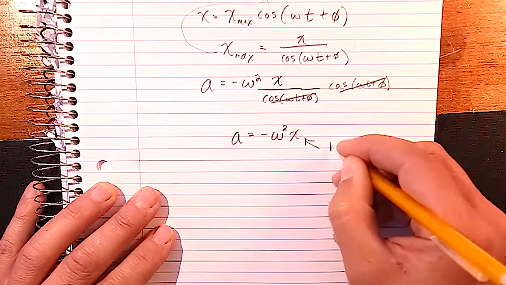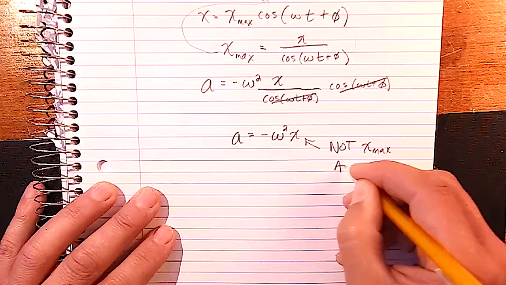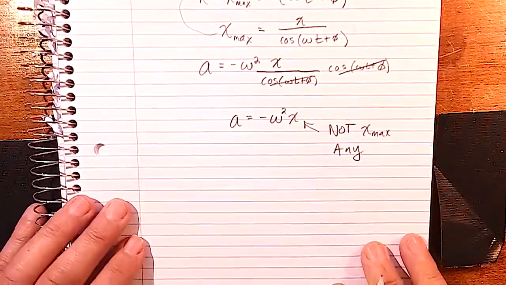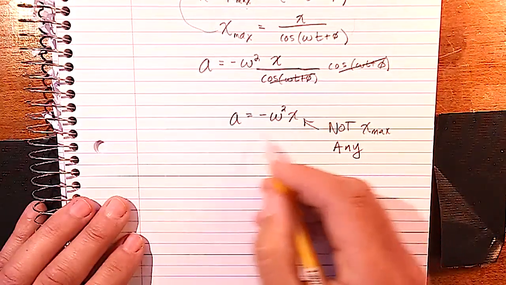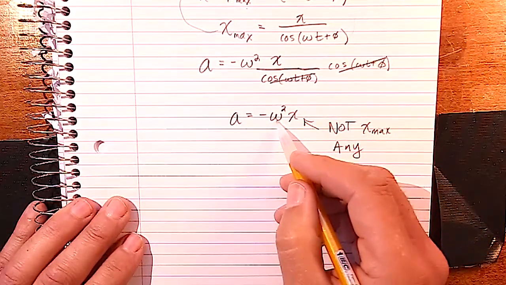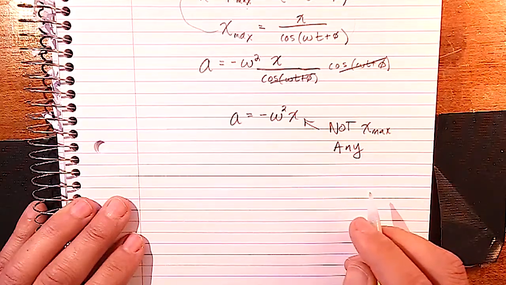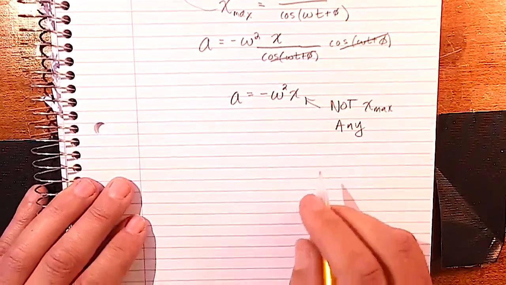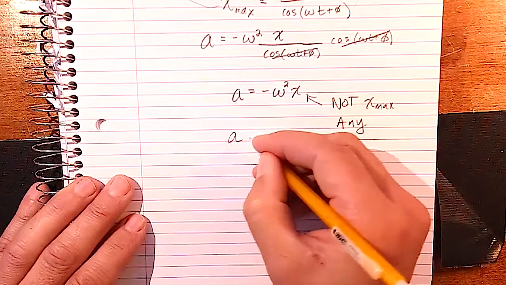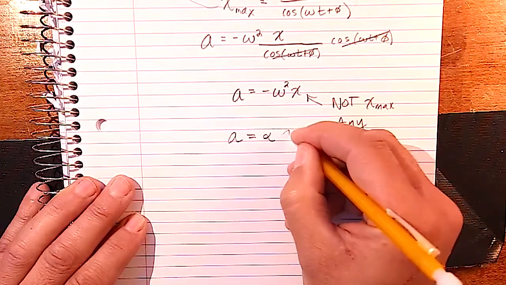Notice, this is not x max. This is any x. So as long as we know the position at any time of the oscillator that's going back and forth, and we know omega squared, or omega, then we can get the acceleration at that position. So acceleration is directly proportional to x.